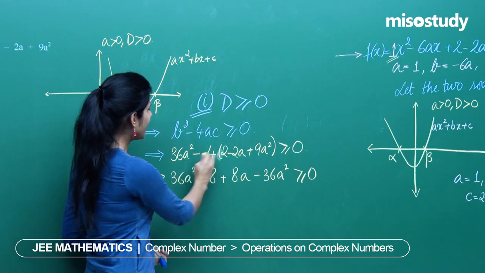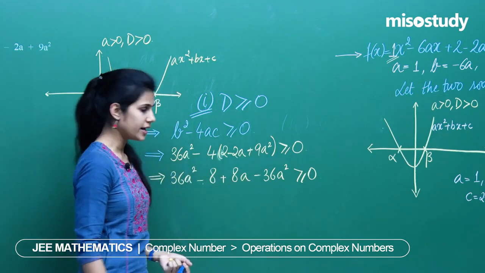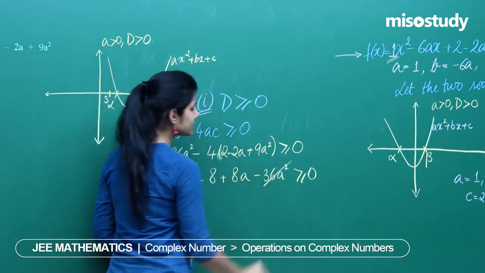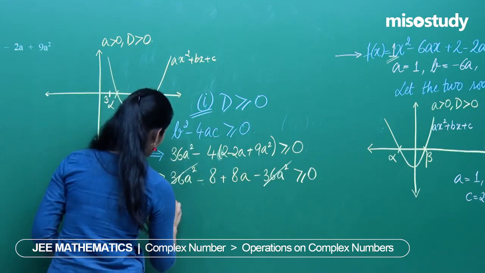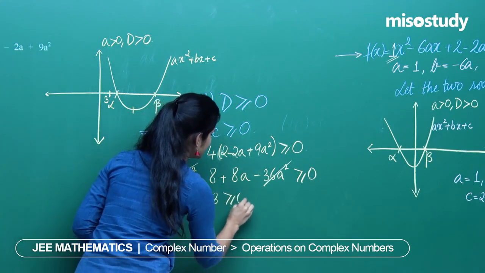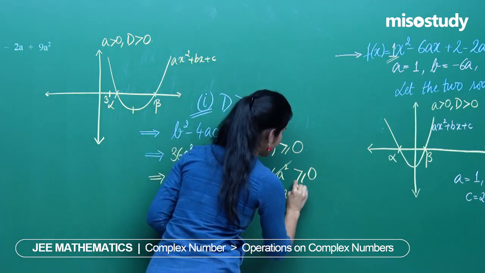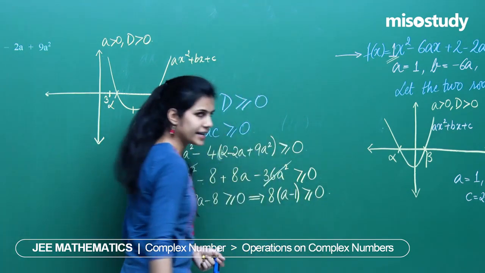This 36a square and this 36a square get cancelled. You are left with 8a minus 8 is non-negative, which implies 8 into a minus 1 is non-negative.